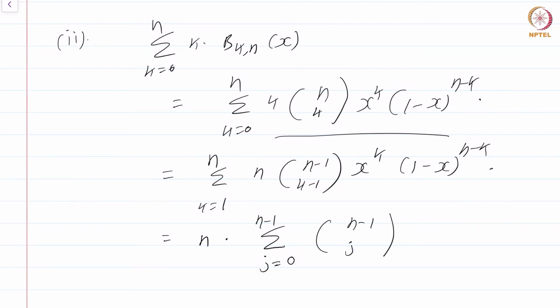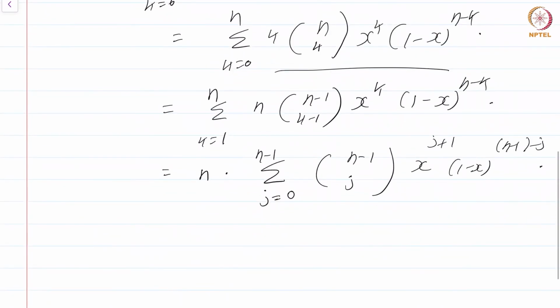All I have done is set k minus 1 to be j, so x^(j plus 1) (1 minus x)^(n minus 1 minus j). All I have done is set k to be equal to j plus 1. This is just standard manipulation that you are no doubt familiar with from high school.